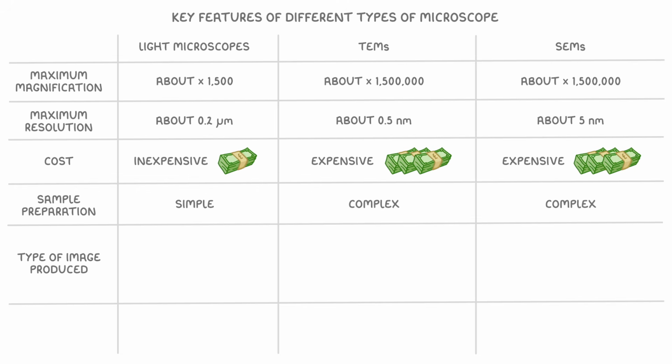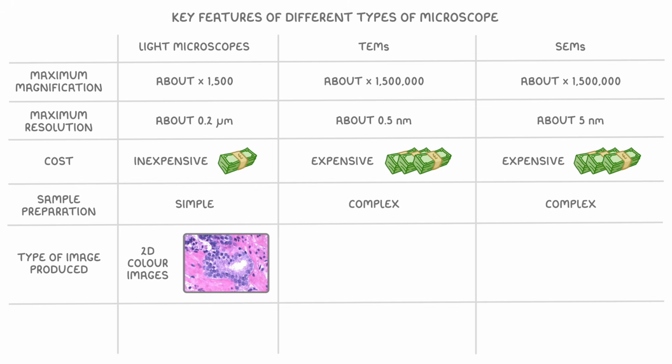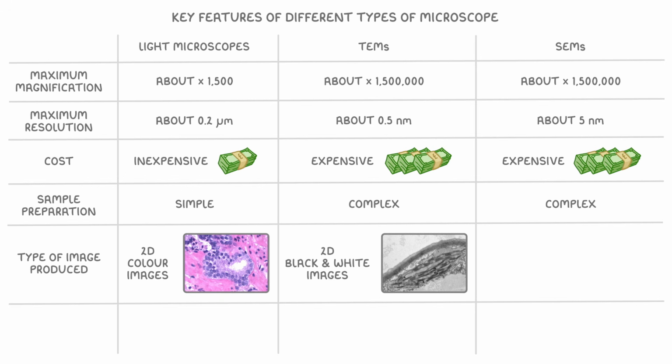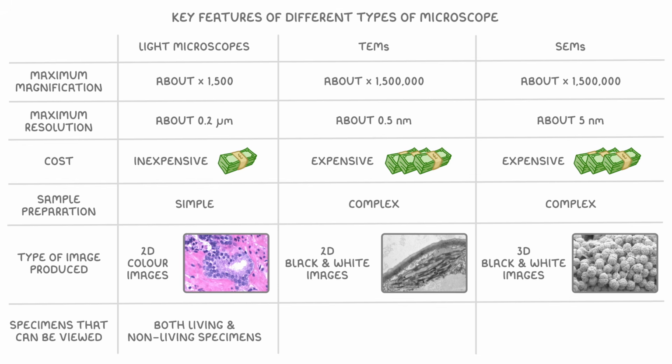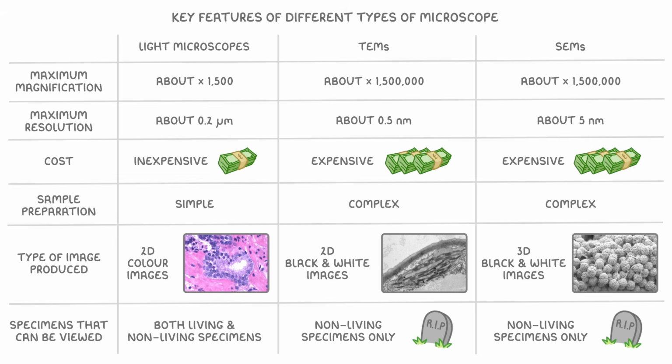The type of image produced varies too, as light microscopes give us two-dimensional color images, TEMs give us two-dimensional black and white images, and SEMs give us three-dimensional black and white images. Finally, let's consider the type of specimens that can be viewed with each microscope. Light microscopes can be used to view both living and non-living specimens, while electron microscopes can only be used to view non-living specimens.